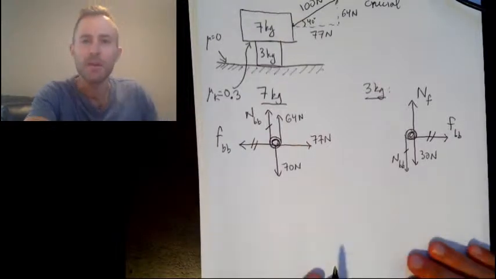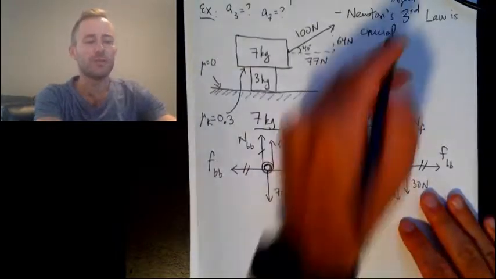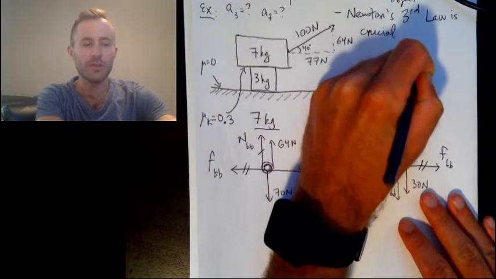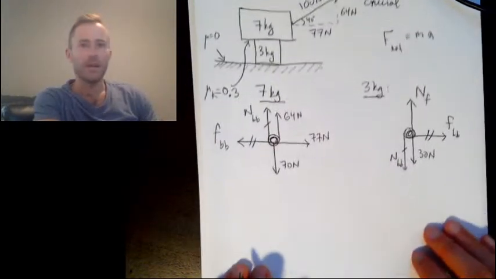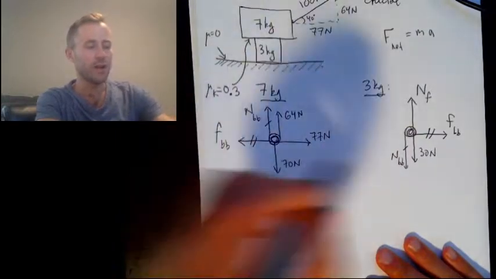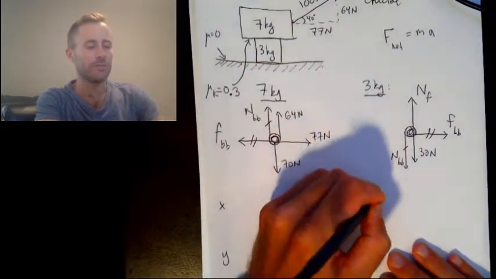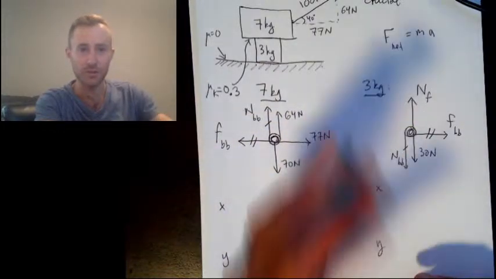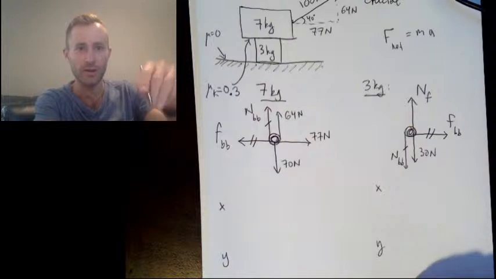All right. So now I'm going to write Newton's second law, which of course is net force equals m times a. And I'm going to do that for each block. Each block is going to have two Newton's second laws: a Newton's second law in the x direction and a Newton's second law in the y direction.